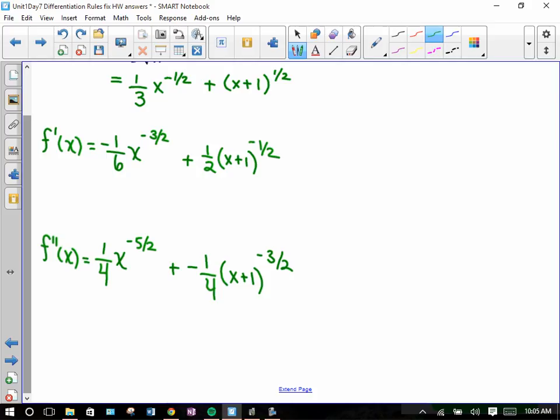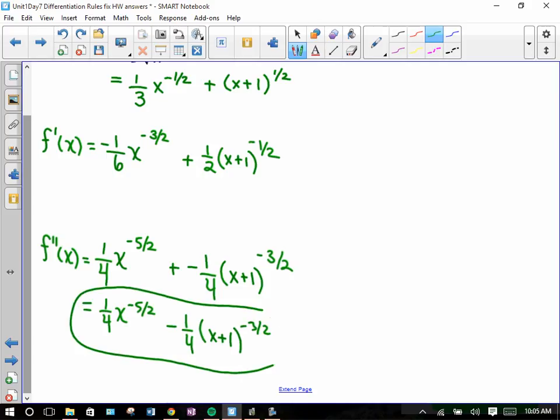So this is equal to 1/4 x to the negative 5/2 minus 1/4 times x plus 1 to the negative 3/2. That's my second derivative.